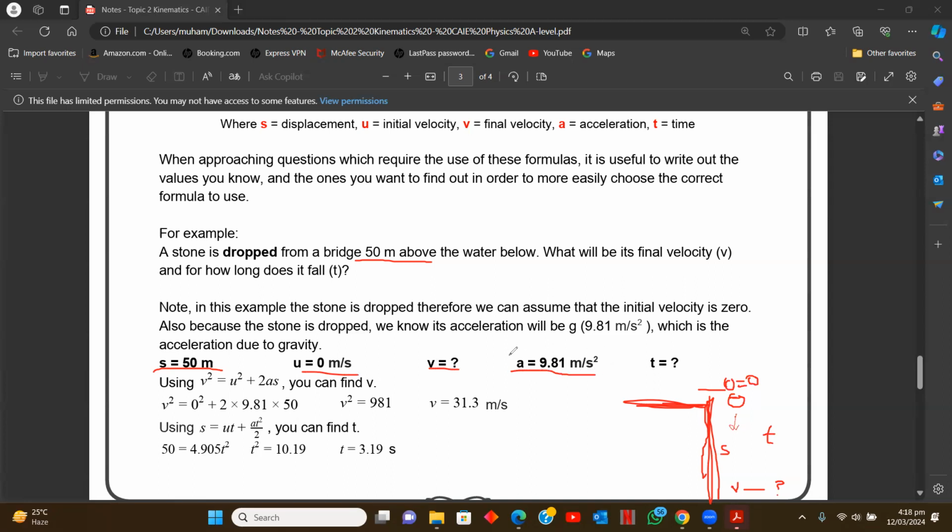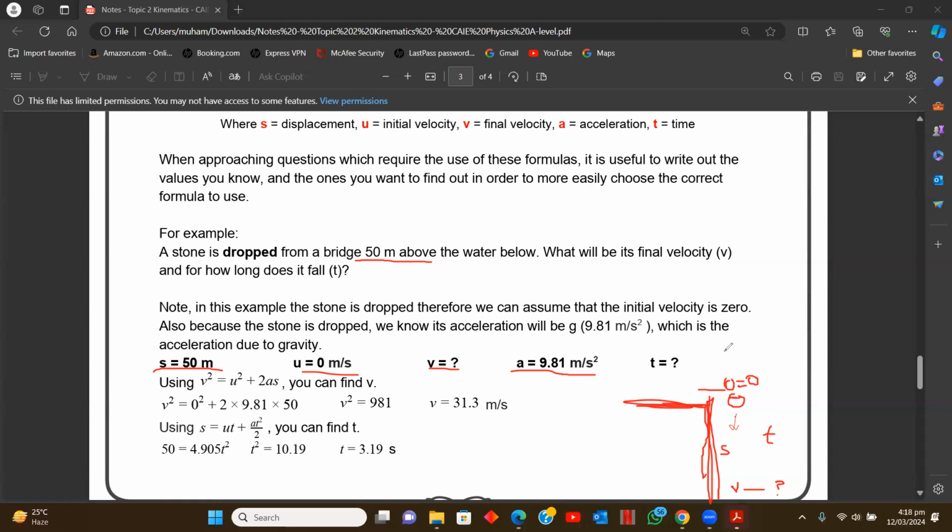So now you see we've kept acceleration as the acceleration of free fall. Why did we assume that the acceleration over here is 9.81? The reason is there is no other force causing the stone to move down. Whenever there's no other force that acts on a stone, you can very safely assume that the acceleration will be equal to 9.81.